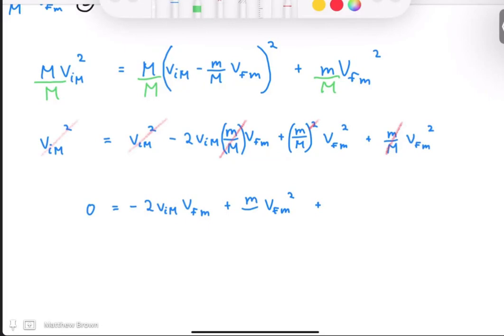Little m over big M times that plus V final of little m squared. That being, like I said, the one that I actually want, V final of little m. And that actually does show up in all 3 of these terms, right? I've got V final of little m, so I can kind of cancel that, and I can cancel the squared, and I can cancel the squared here.